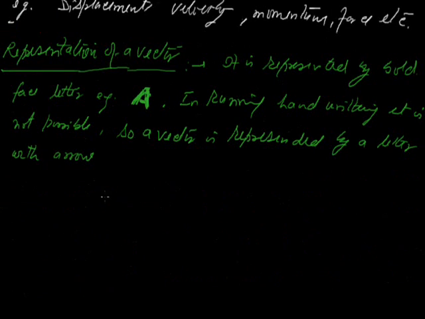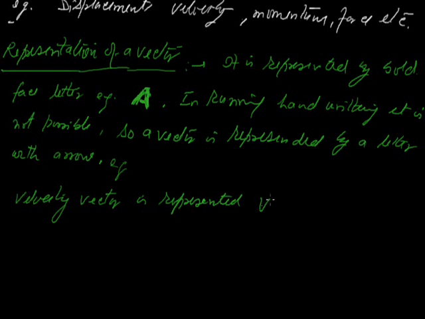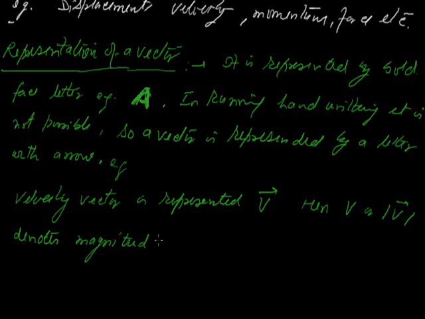For example, the velocity vector is represented by V vector. Here V denotes the magnitude of vector V and the arrow shows its direction.